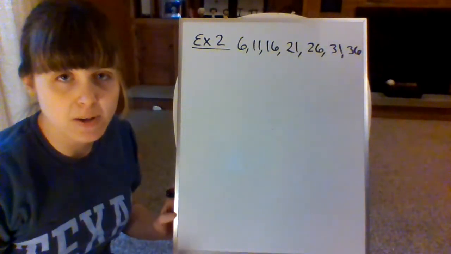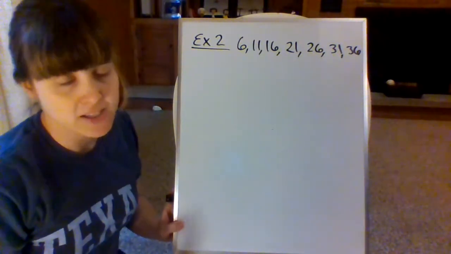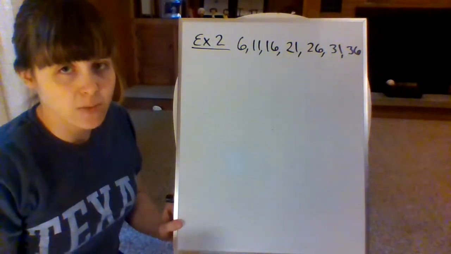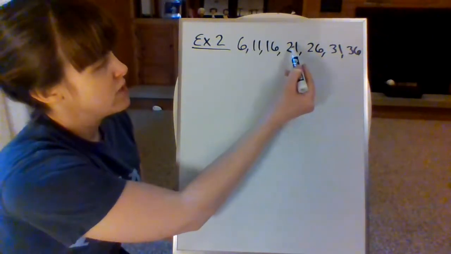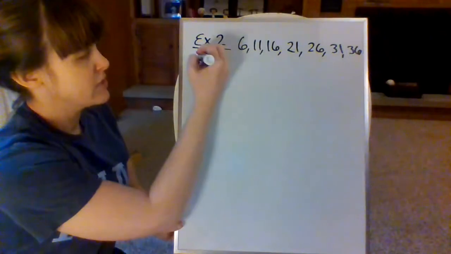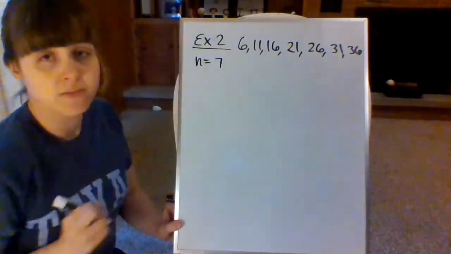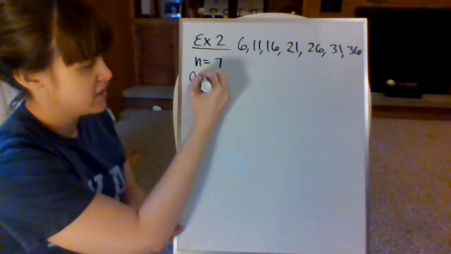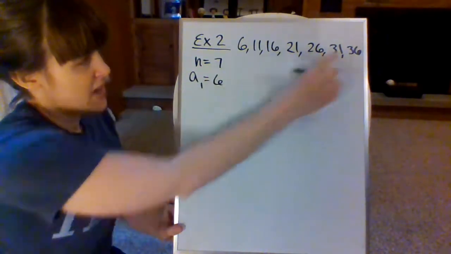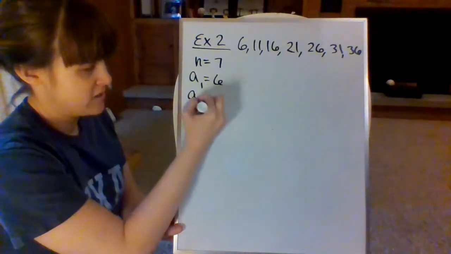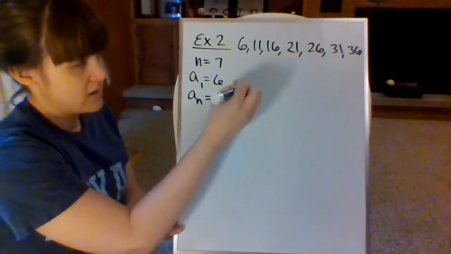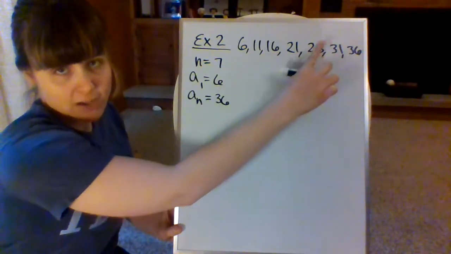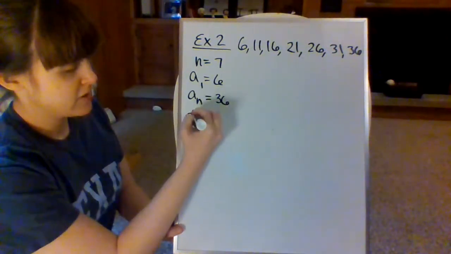Here I'm going to have us use the second formula, even though you could use the first if you wanted. Let's count them: 1, 2, 3, 4, 5, 6, 7 terms. So n is 7. The first term is 6. The last term is 36. Now the difference: what are we doing each time to get the next number? We're adding 5. So the difference is 5.